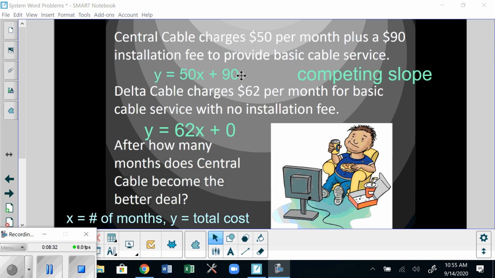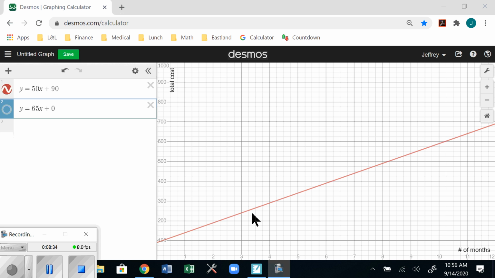Let's look at this one on a graph. So here in red is Central Cable, and you can see that it starts at $90. You have to pay $90 right off the bat, and then every month it goes up by $50. You can see how every month the total cost goes up by another $50. That's called its slope. Now let's throw in Delta Cable here in blue.